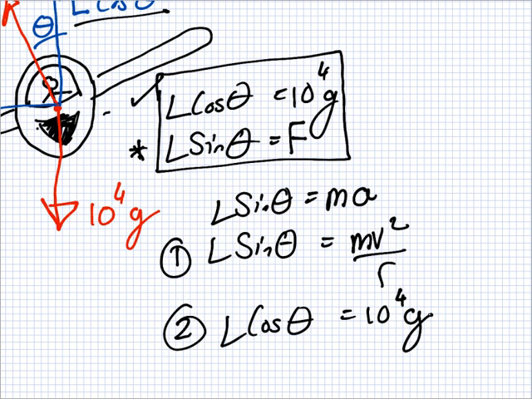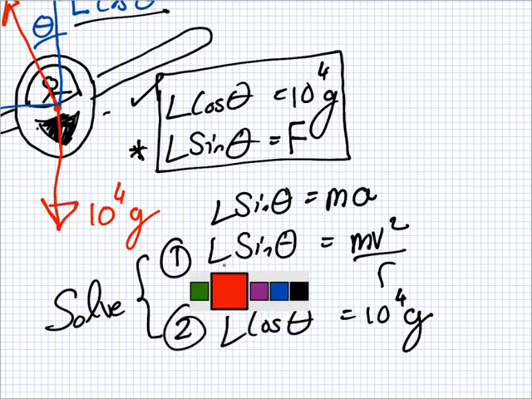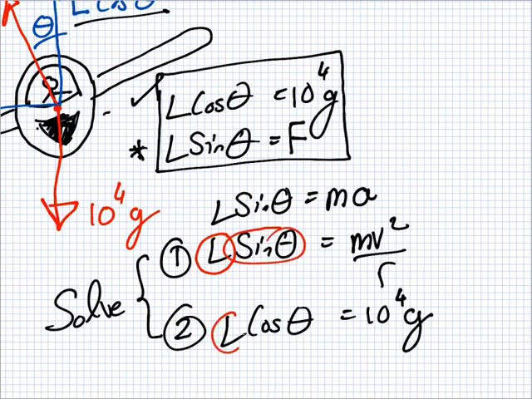Anybody got any smart ideas on how I could solve equations 1 and 2? What could I do? Well, tell me what we know. Do we know L? No. Do we know theta? No. Do we know m?